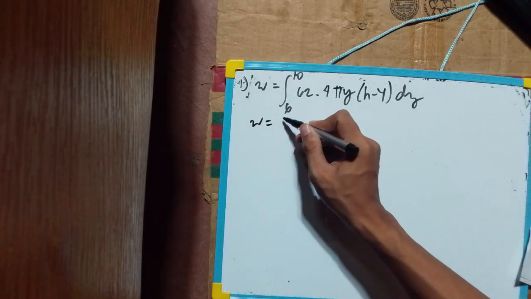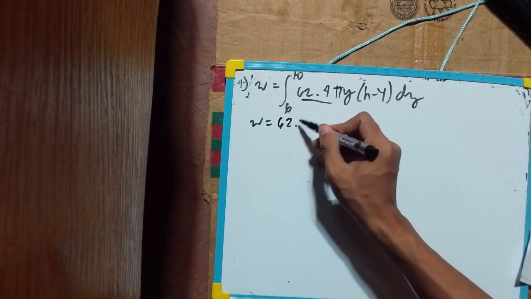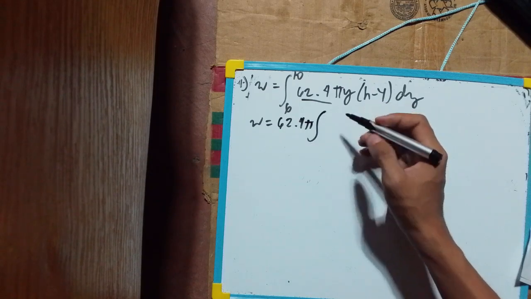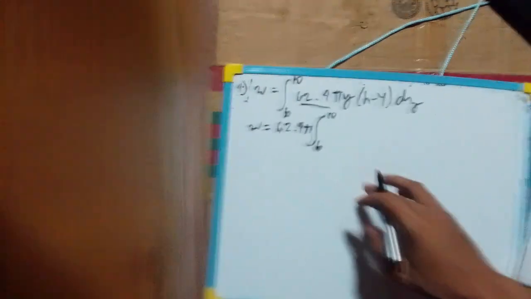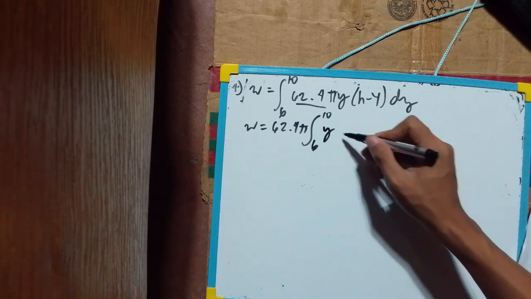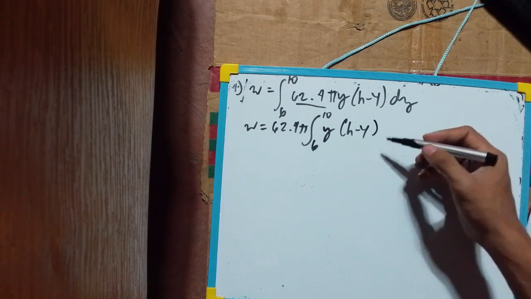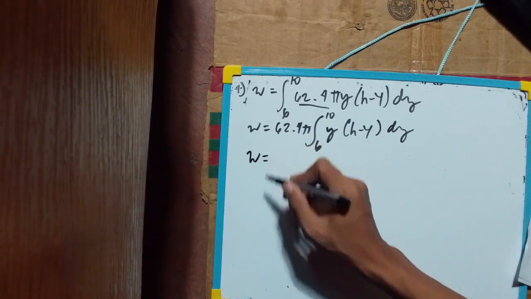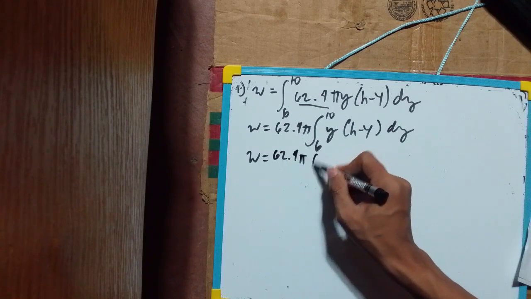Since 62.4 pi is constant, we can take it outside the integral, and the remaining is y times h minus y dy. As we notice, h, or the height, is just 10, so substitute 10 for h.